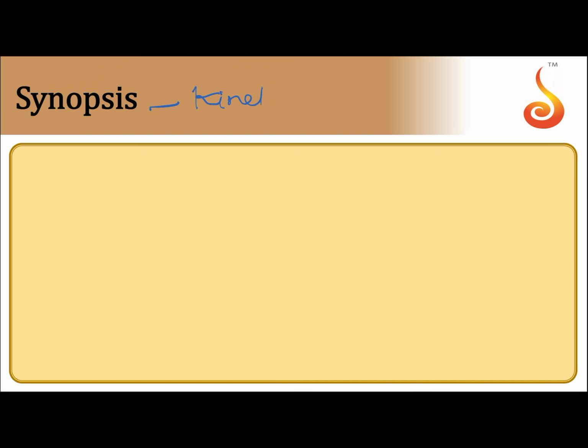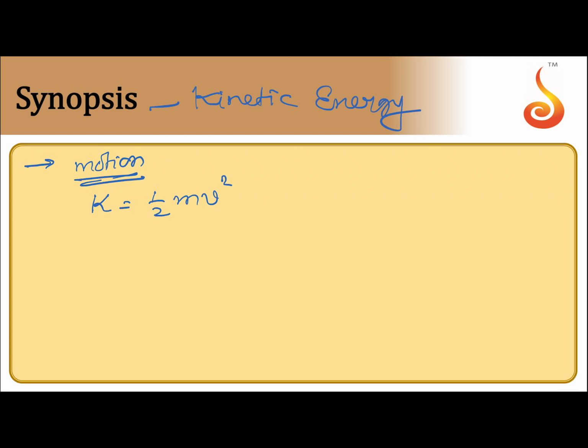The idea of kinetic energy. Kinetic energy is the energy possessed by a body by virtue of its motion. So it is the motion which is responsible for kinetic energy. This kinetic energy is given by, as you all know, half mv square. Many times it is written as half m v dot v.